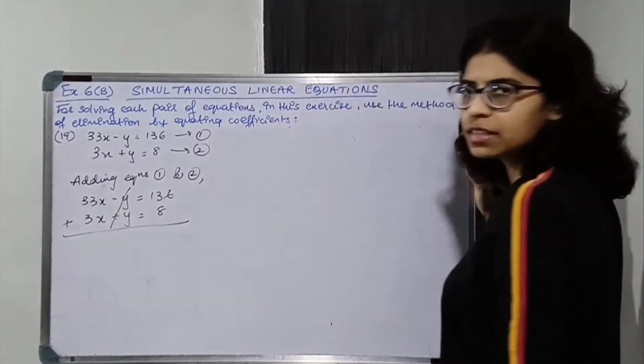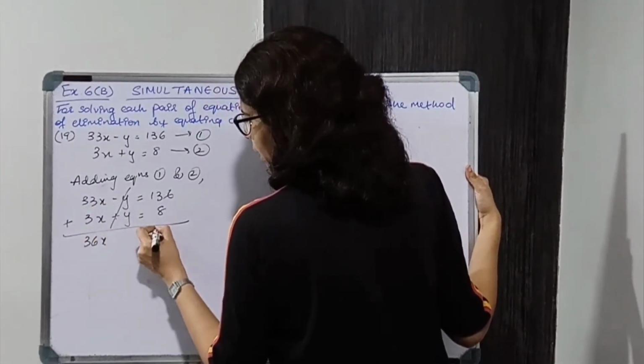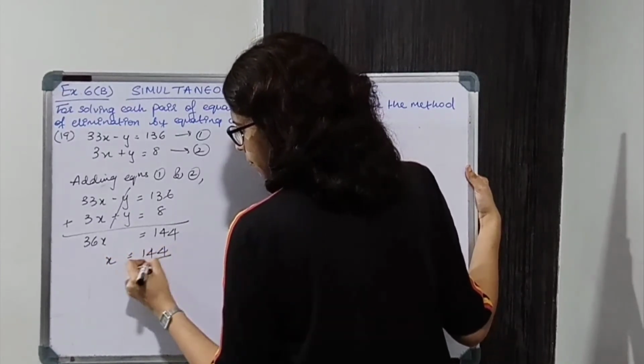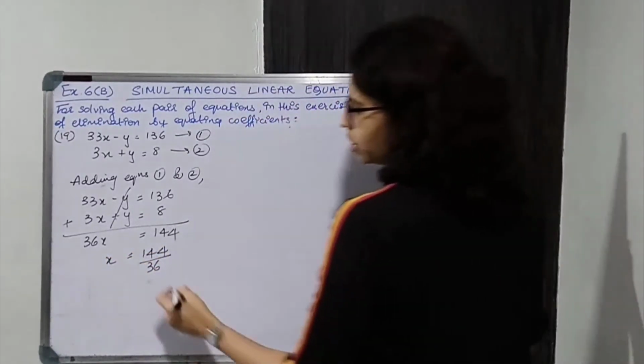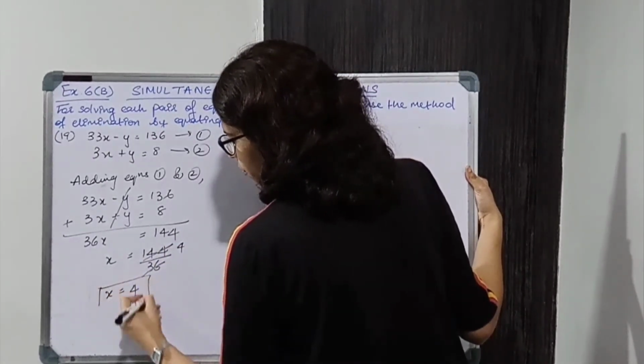This will get cancelled. 33 plus 3 gives 36x and here we'll get 144. Okay, 36 4s are, so x is equal to 4.